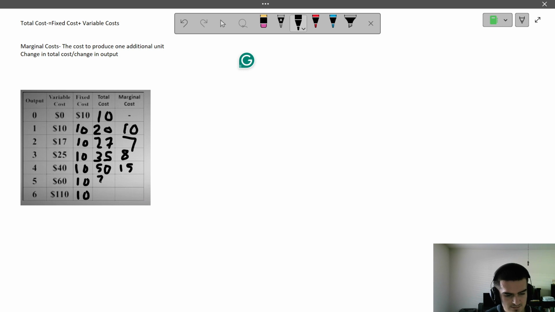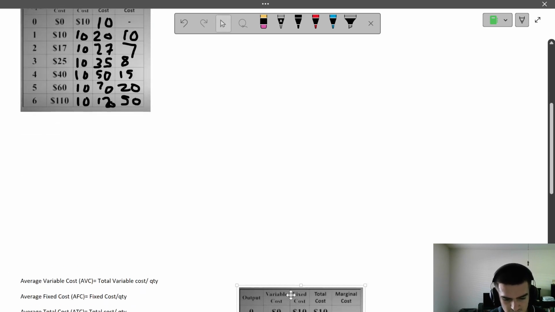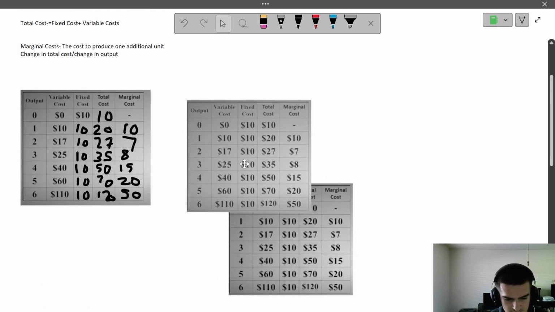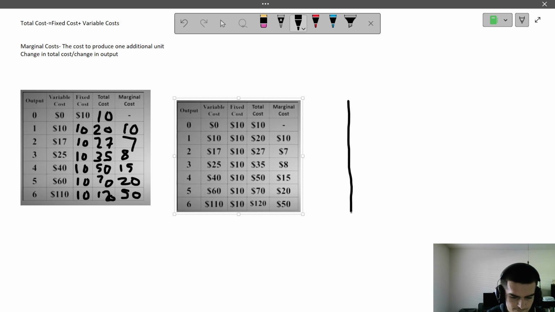And then we apply this for the last two, 70, 20, 120, 50. So you can see that I have a cleaner version of this. If you were to graph our marginal cost, here's our cost, and here's our quantity.